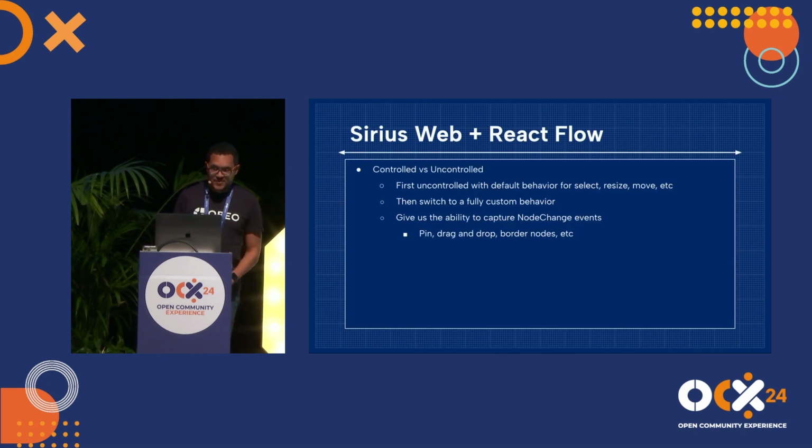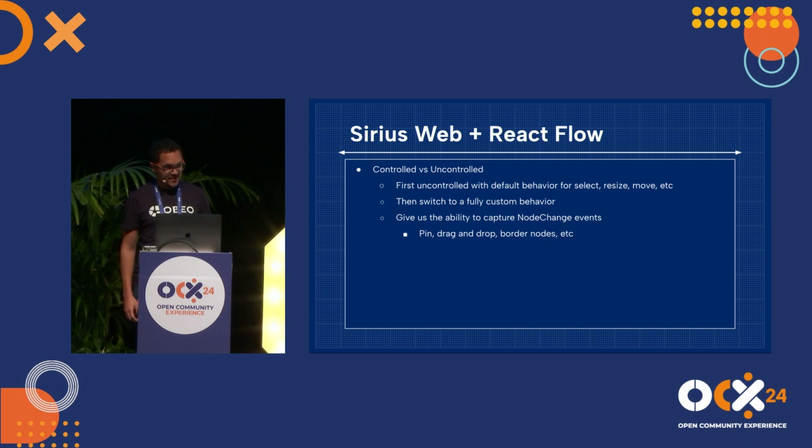React Flow can be used with two different strategies, controlled or uncontrolled. We barely tried the controlled approach because it does not give us as much control as we want over the way it behaves, so we quickly switched to the uncontrolled strategy. But even if React Flow tends to encourage you to use the uncontrolled support by default, it comes with tons of default behaviors that are already provided for you.